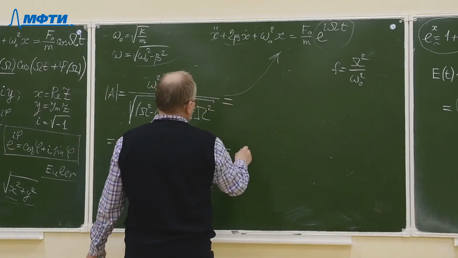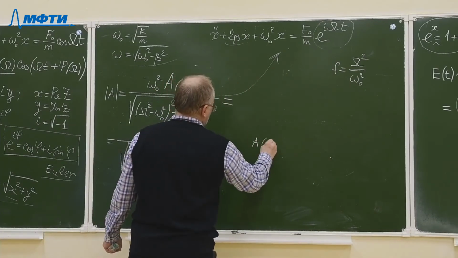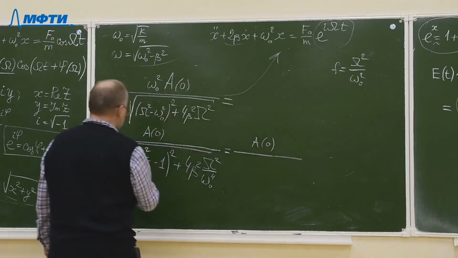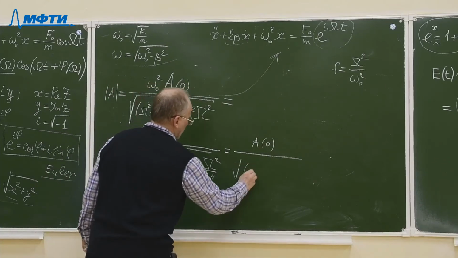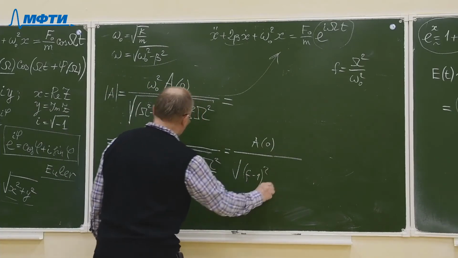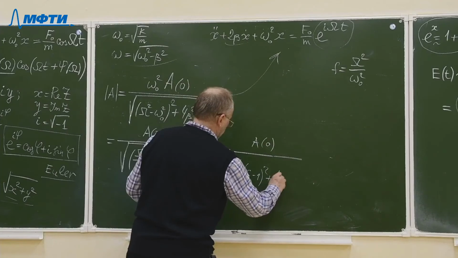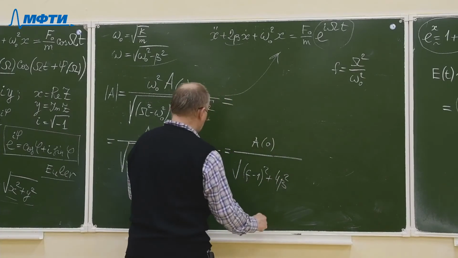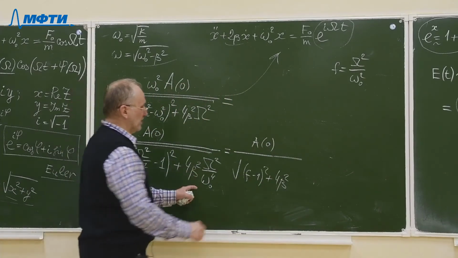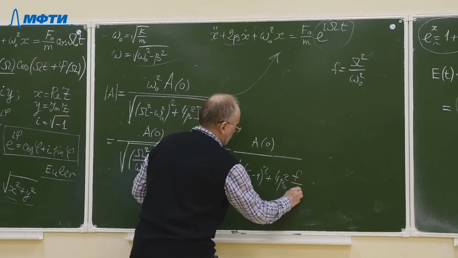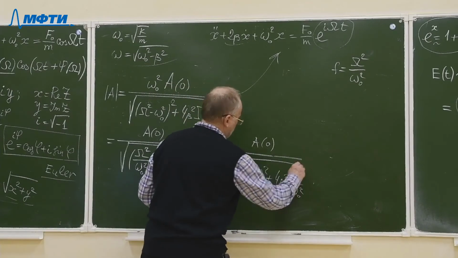So this expression will become A at 0 frequency divided by the square root of (f minus 1) squared plus 4 beta squared f divided by omega 0 squared.